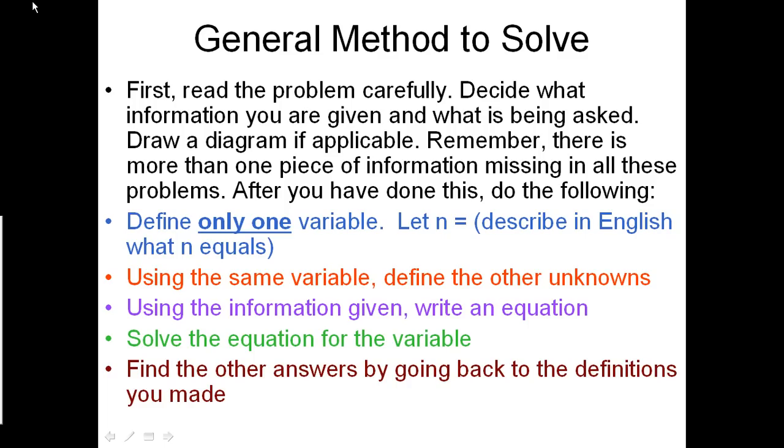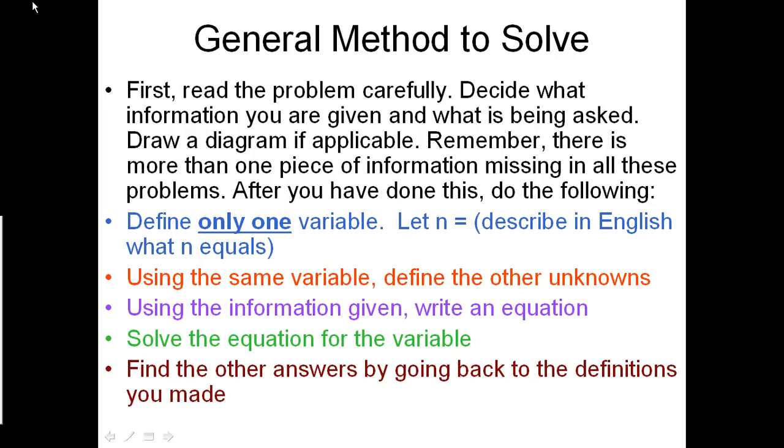So let n equal the number of hamburgers sold, or let n equal the dollars invested, something like that. Later, not in this video, but in another video, I'll show you how to do these with simultaneous equations too, where we could have more than one variable, but right now we only have one variable.